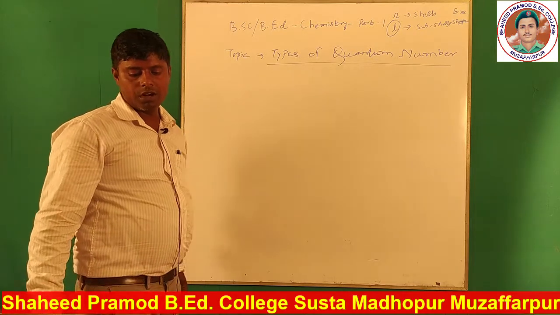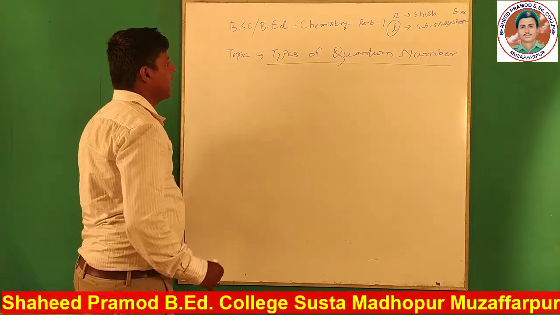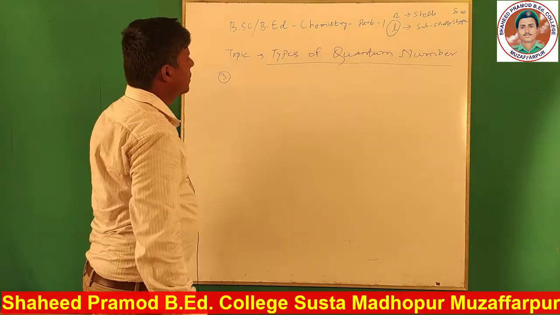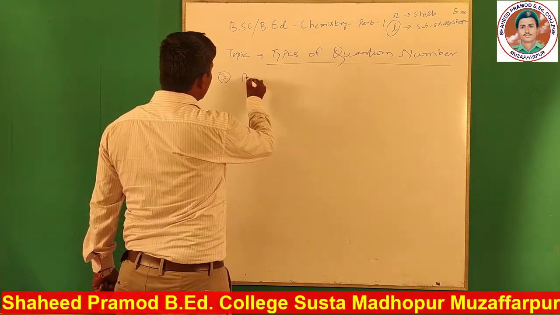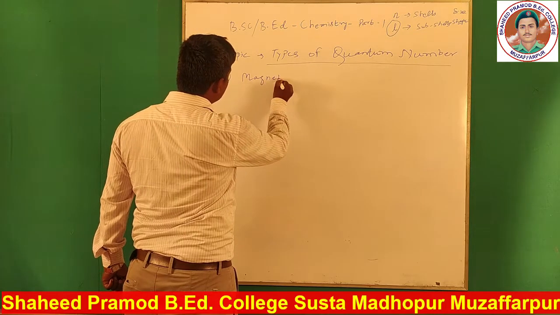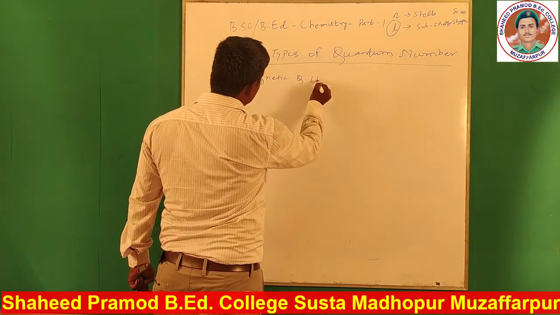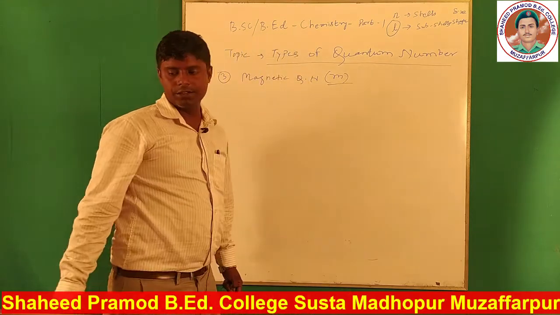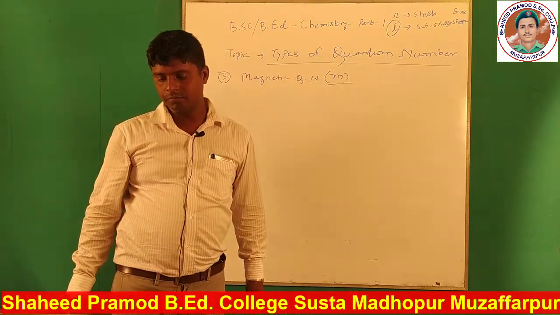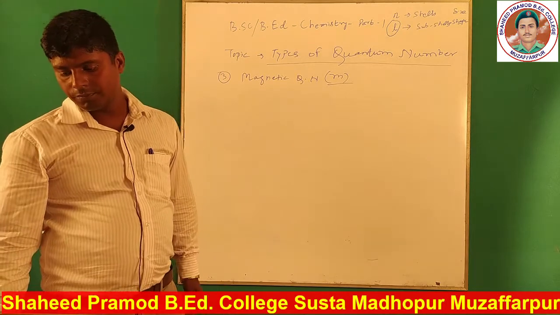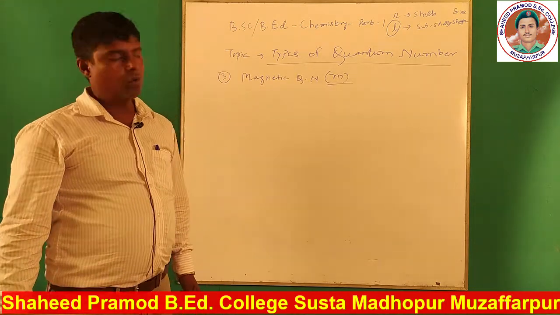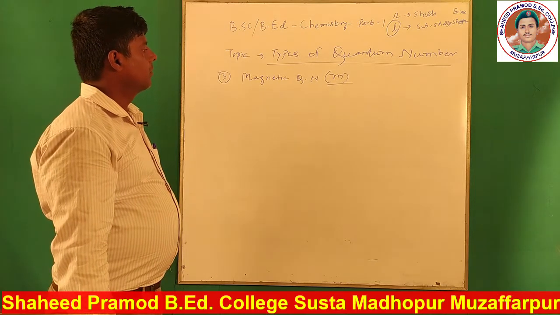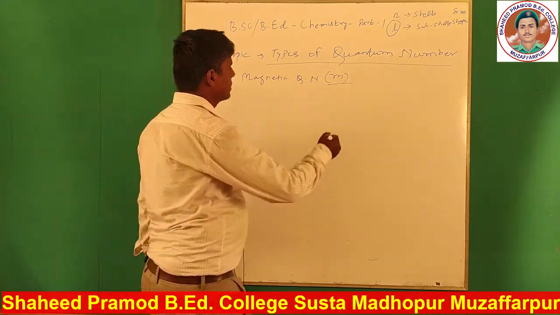Now the third one, we are going to explain now, that is the magnetic quantum number, which is denoted by m. Basically the magnetic quantum number gives two things.